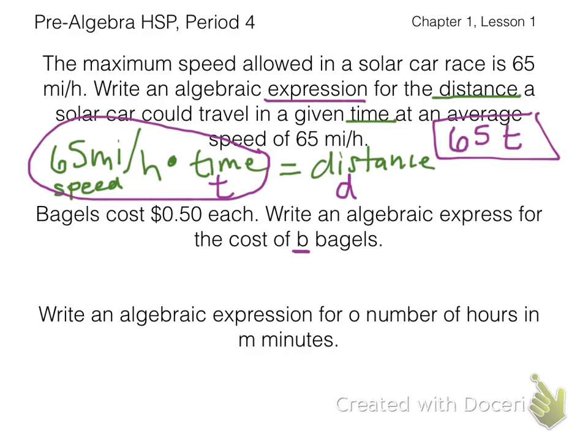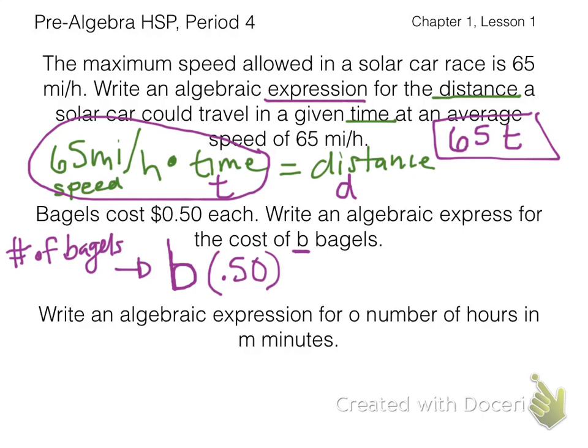So if I have my unknown, which is the number of bagels I'm going to buy, which is B for bagels, I'm going to multiply that by the cost of each bagel, and that's going to tell me how much all of the bagels cost, no matter how many bagels I buy. Because if I replace B with the number of bagels I buy, and multiply that number by 50 cents, it's going to give me the total cost.